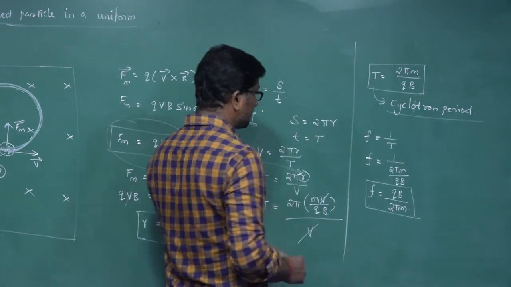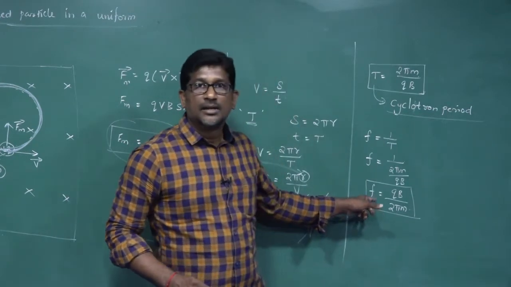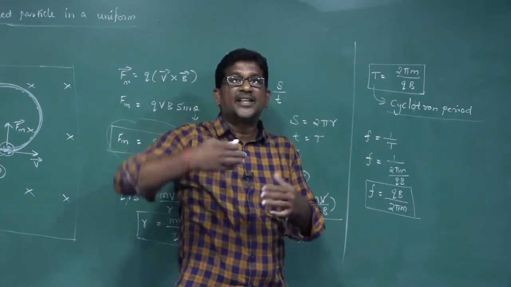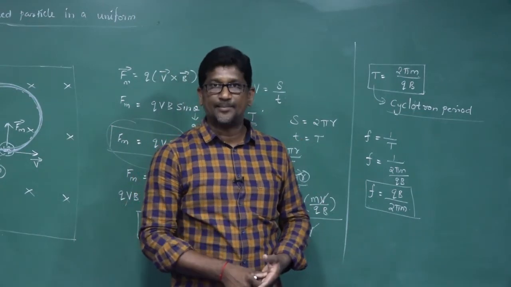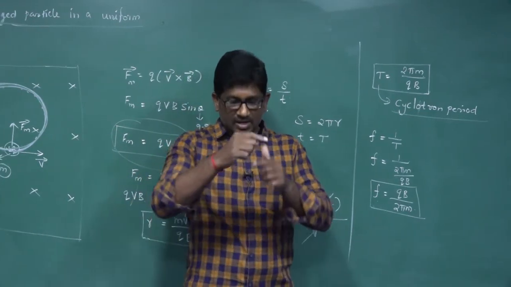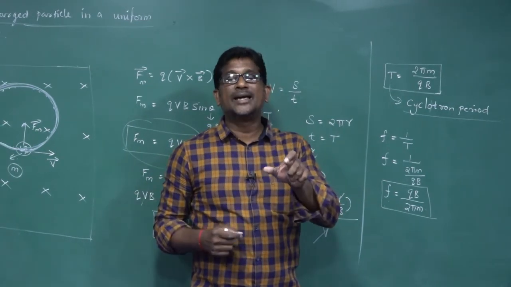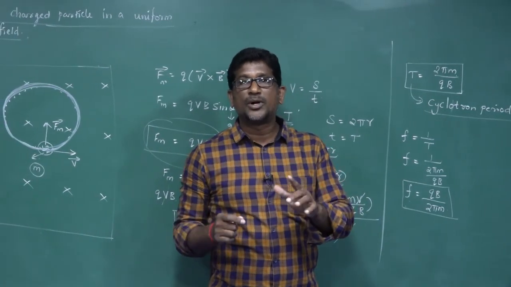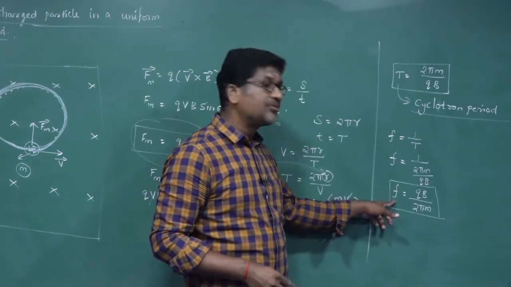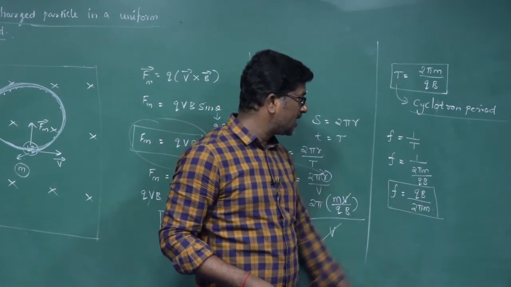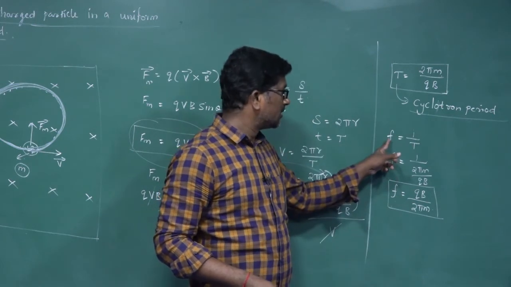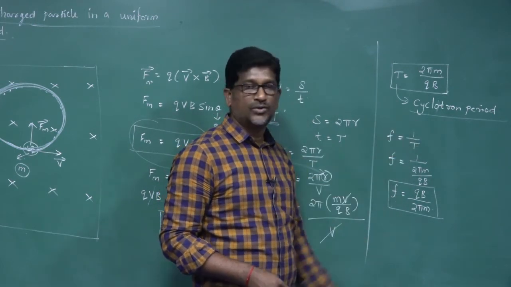In this case, frequency means the number of complete revolutions described by the charged particle per unit time. The number of revolutions completed by the charged particle in unit time is known as frequency. That frequency is given by f is equal to qB divided by 2 pi m, because the frequency is the reciprocal of the time period.